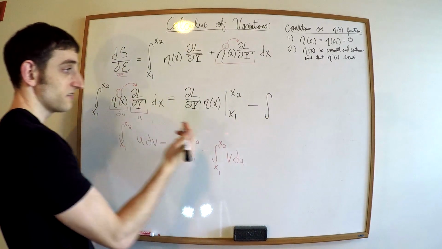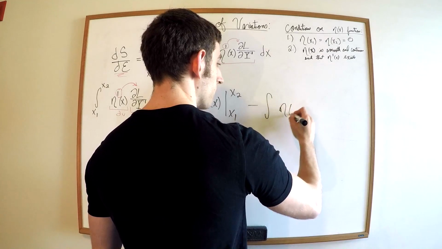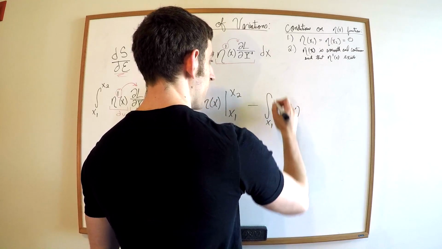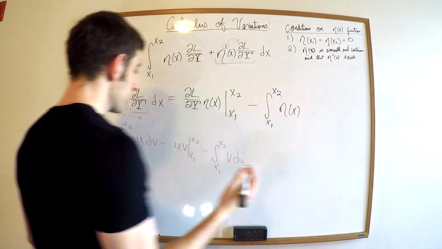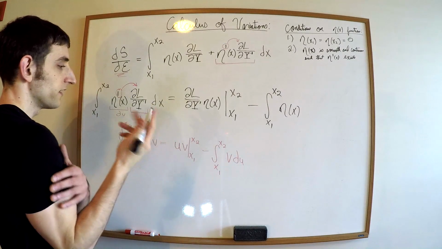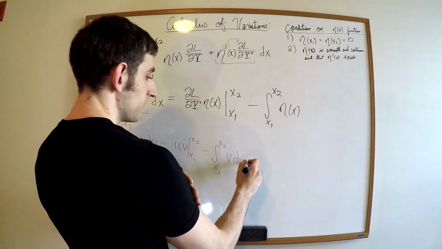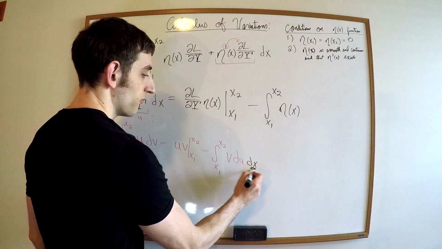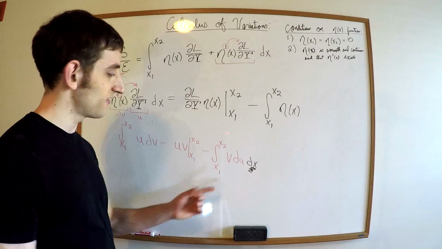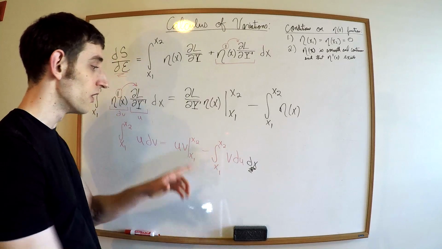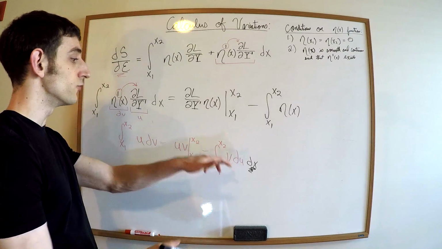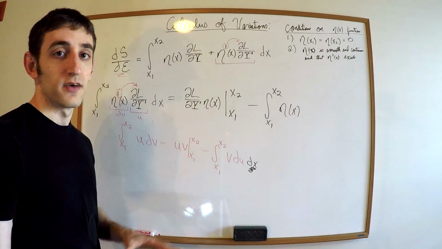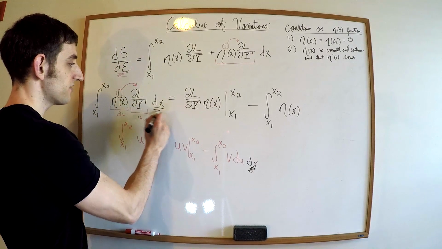So v is eta sub x, and it's going from x1 to x2, and then we have du. Now, this is important, okay? I forgot that there because this is important. I guess it's a good thing that it's in a different color because it stands out. So this guy, the du, is du dx. It's du dx. It's this guy.